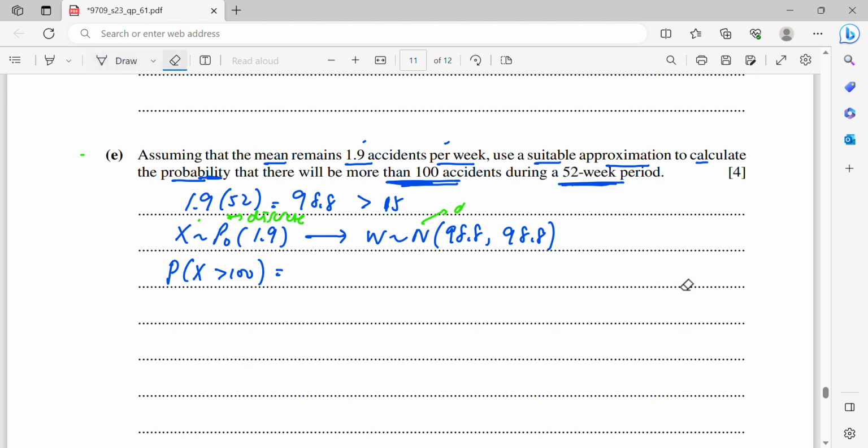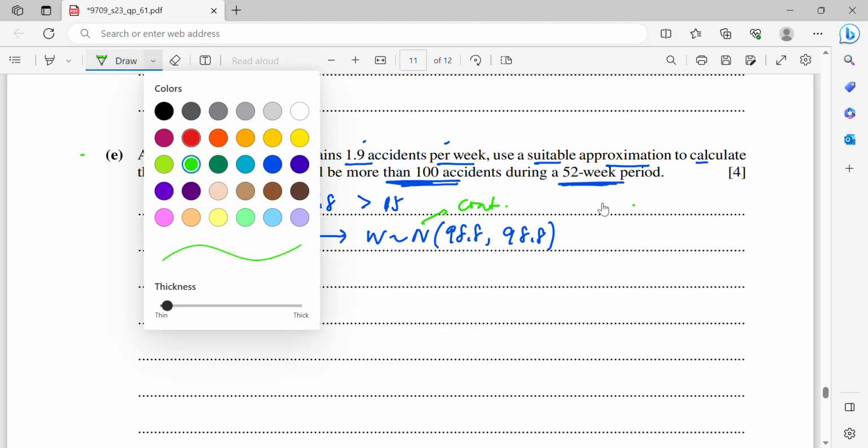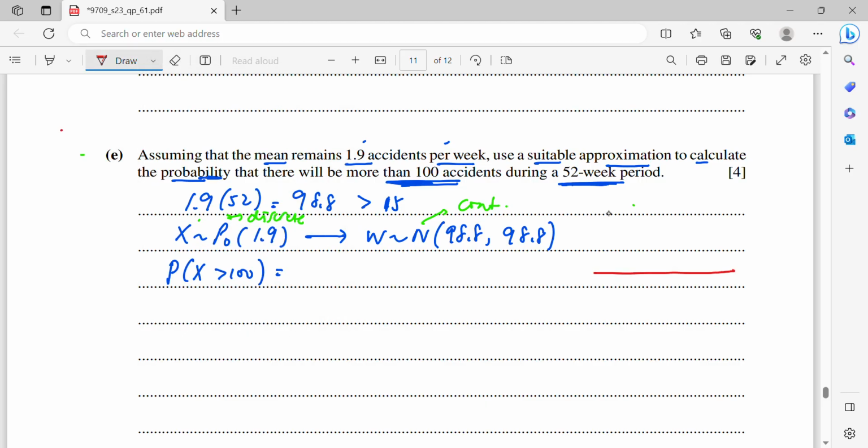Normal is a continuous distribution. So the Poisson is discrete, and from discrete you change to continuous, which means that we need to carry out the continuity correction. So for continuity correction, I will draw a number line. Show 100 because X is greater than 100.